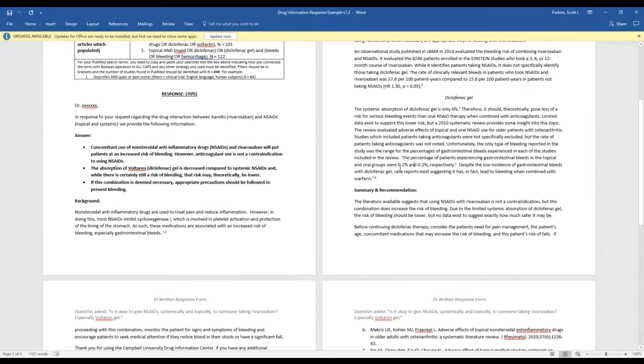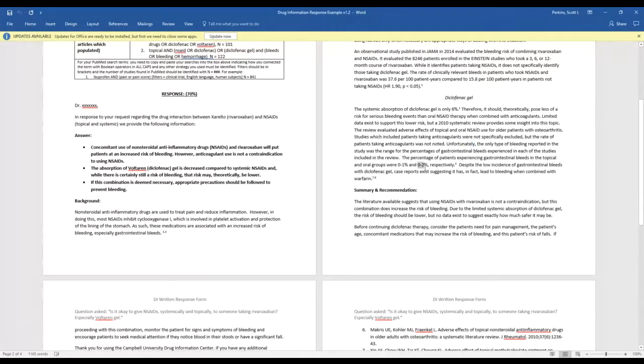So we may have had 10 studies on systemic agents that had 0 incidents of bleeding. And one study out of those 10 or 11 studies said that there was a 1% incidence of bleeding. So on average, we had a very low incidence of bleeding because of that.